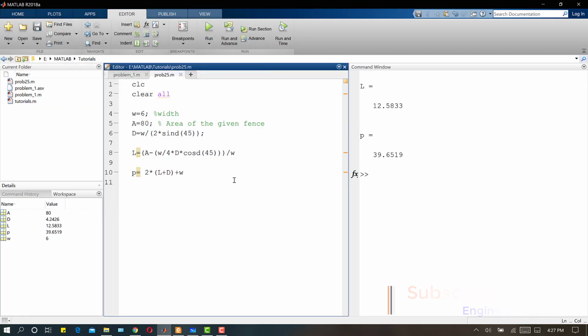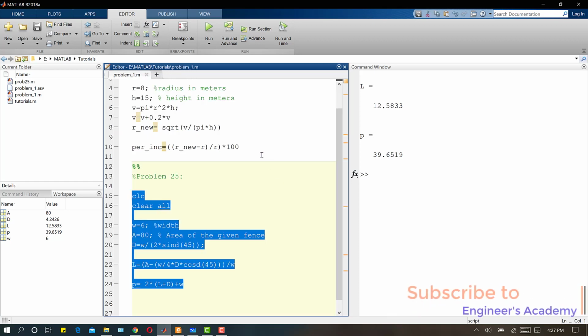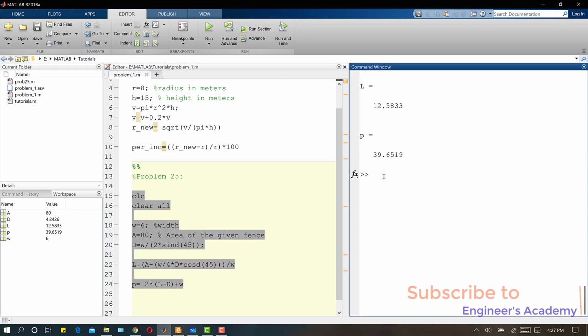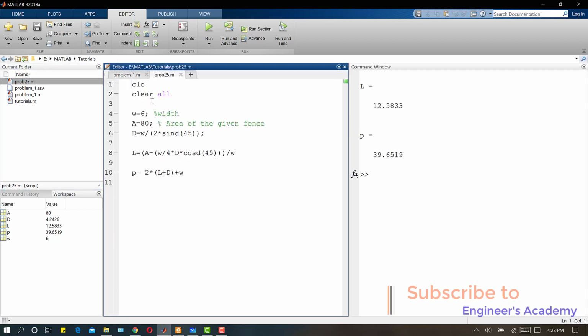Now if I close this script file and I want to run that problem 25 file, I can write it here as well. So I will write prob problem 25, and when I press enter, we get the same answer. Now if we want to open that file, we have this directory open, so I can double click on this problem 25, so it is open now.